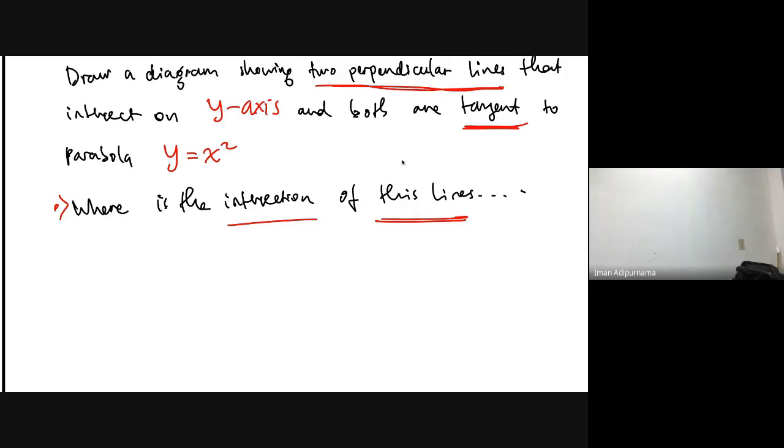Yeah, maybe like that. And the other one is here, also the tangent line.